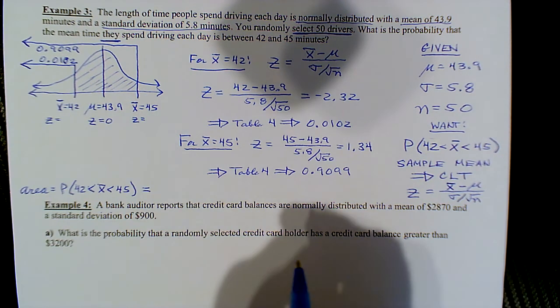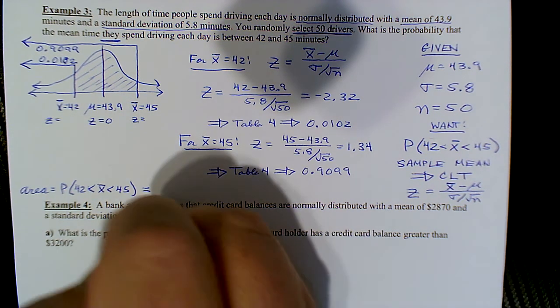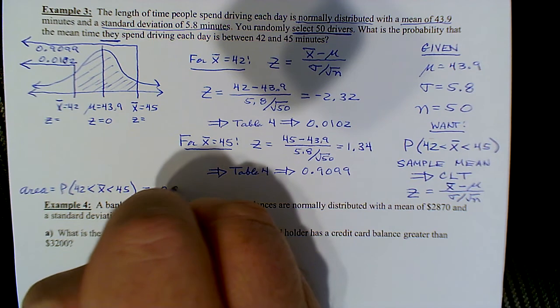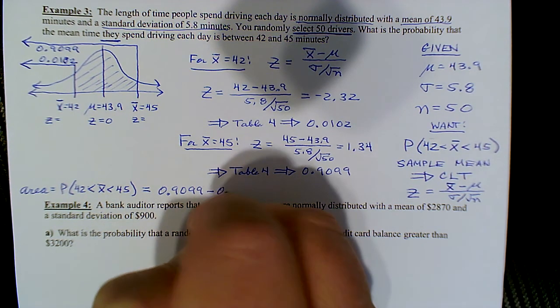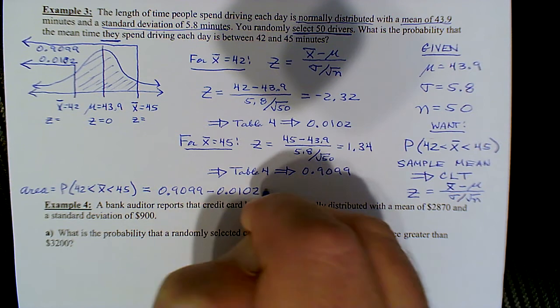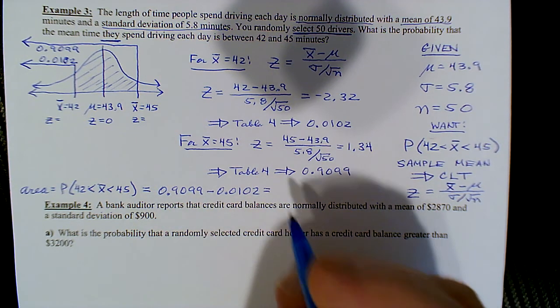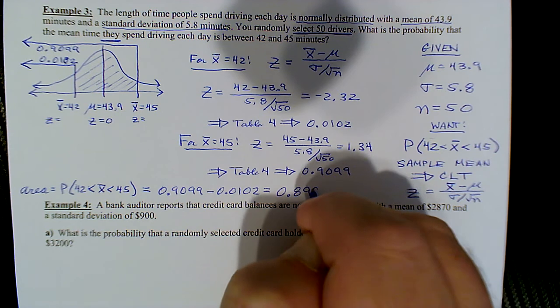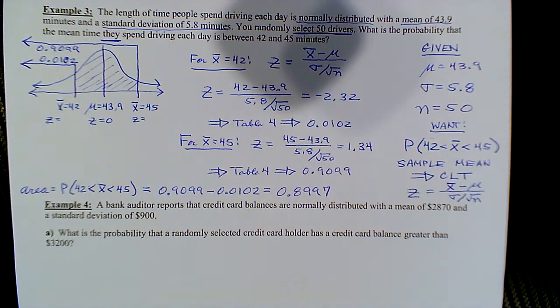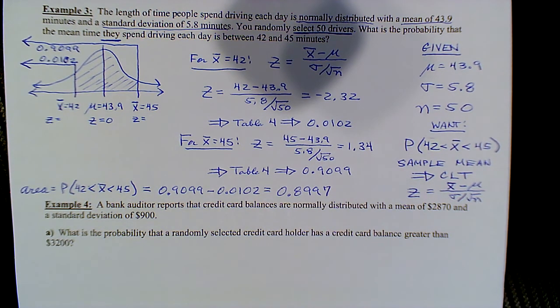Remember, we subtract the areas. So always larger minus smaller, 0.9099 minus 0.0102. And that gives us 0.8997.